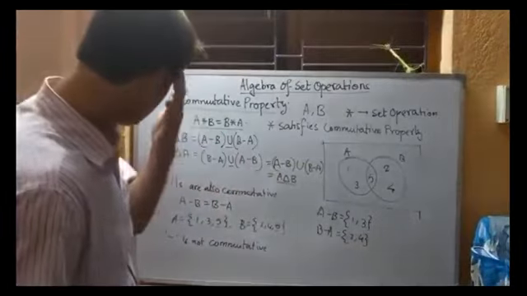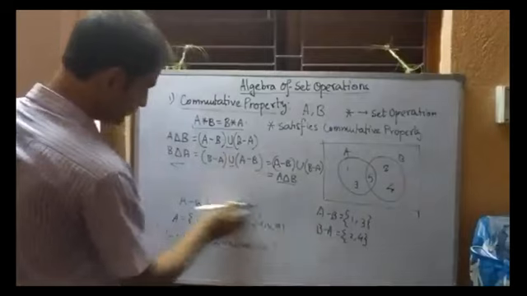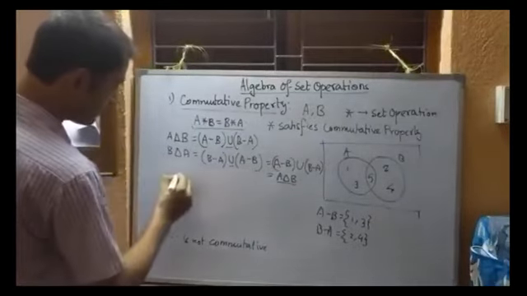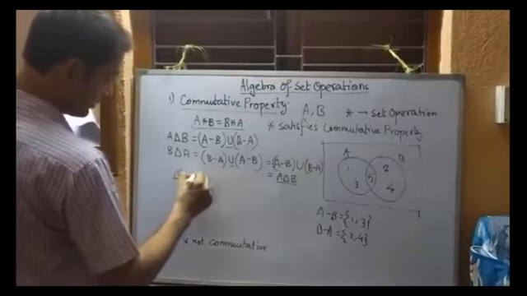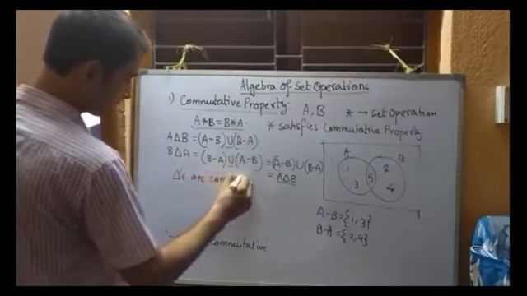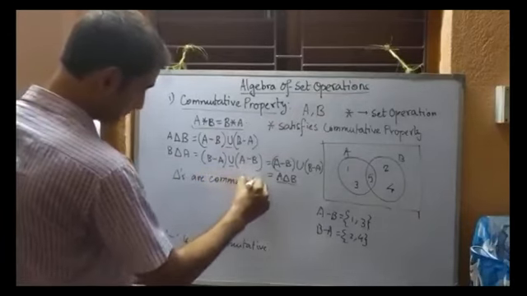That means the symmetric difference delta becomes a commutative operation. So we can say delta is commutative.